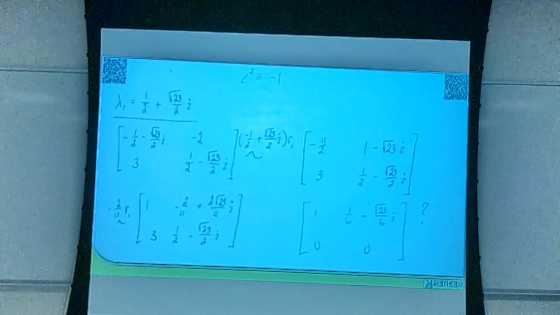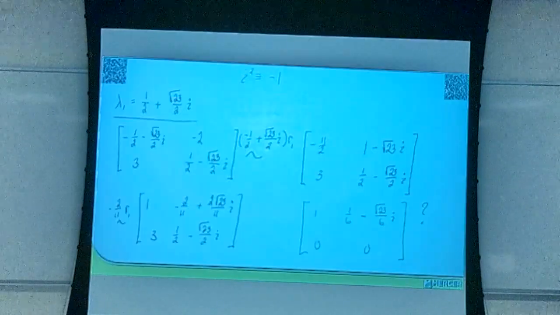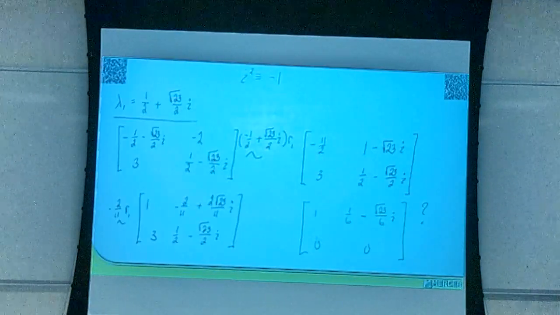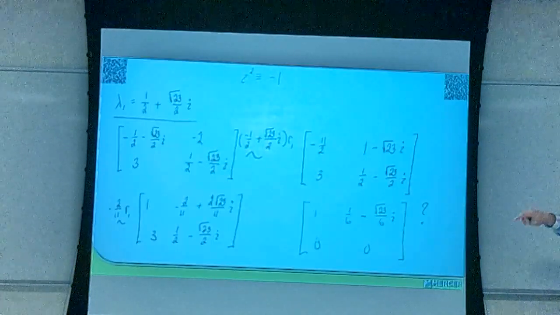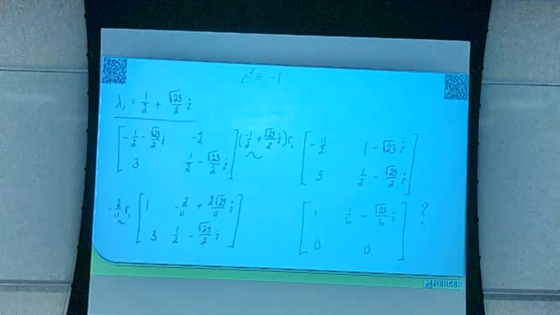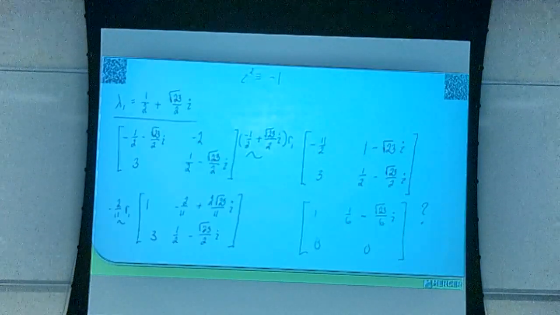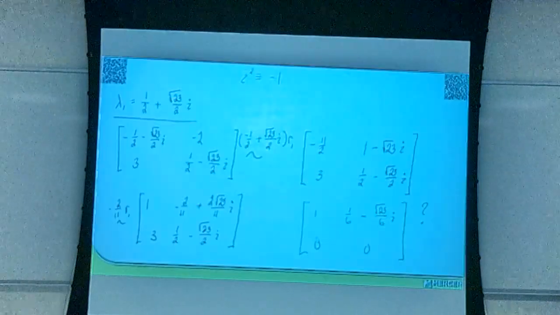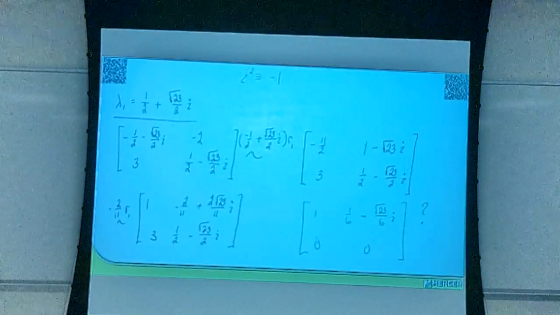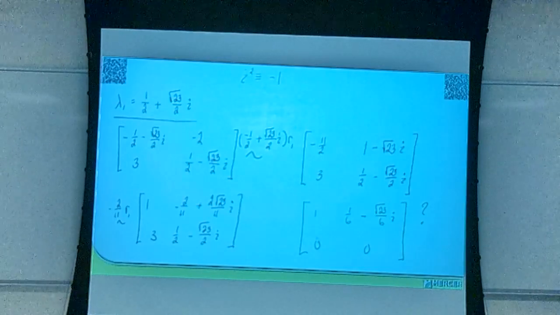Something right there. So I'll leave that arithmetic up to you. So go back to the original. They flipped row 1 and row 2, and then proceeded. Still not going to be fun, but there's what we got. That's a lambda 1.